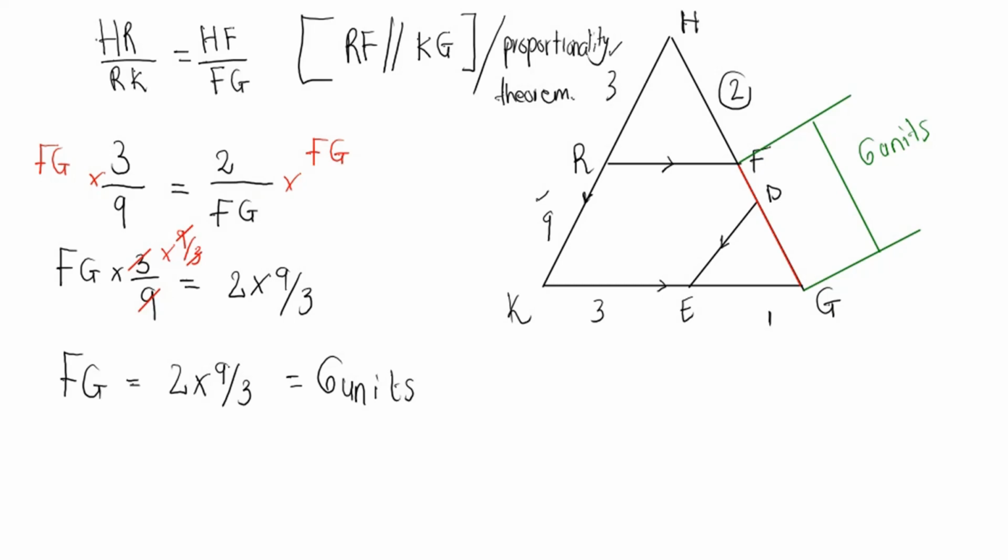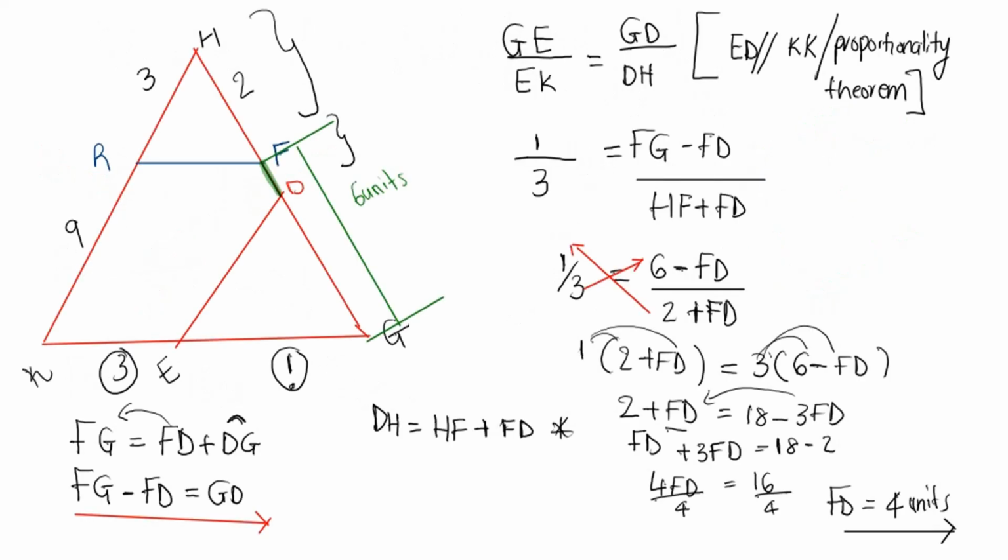But then it started getting complicated when we got to the second question, where they asked us to find FD. This question wants us to look at the triangle from a different angle. If we focus on the triangle GKH, the whole triangle, and just focus on the parallel line DE, we first state the proportionality theorem, which is GE over EK is equal to GD over DH.